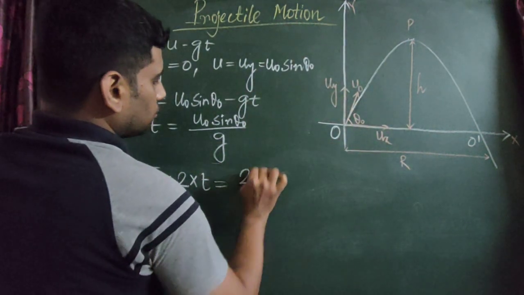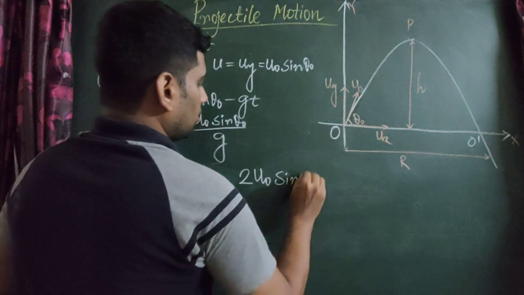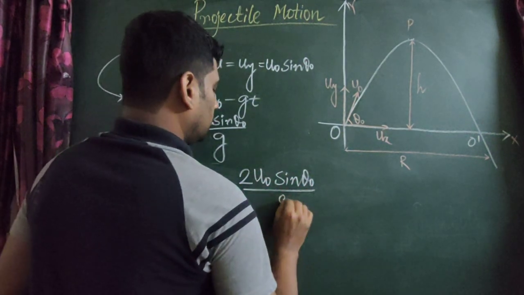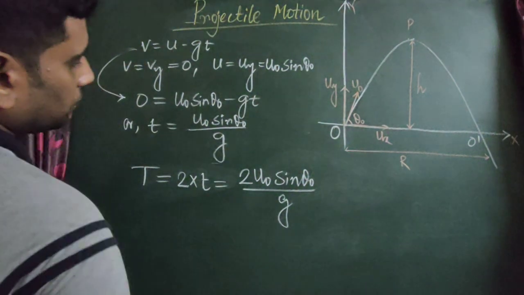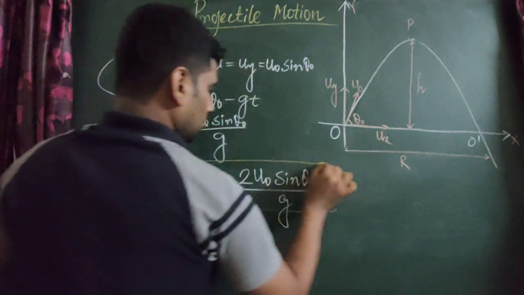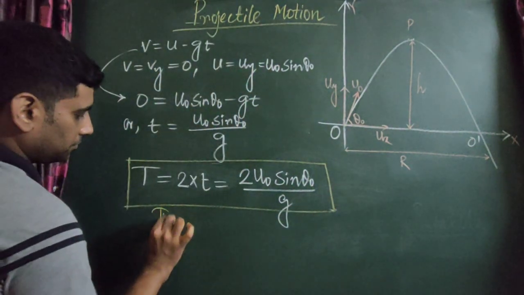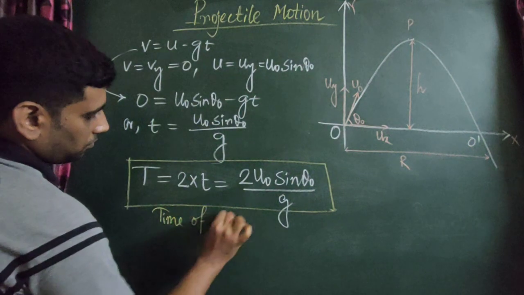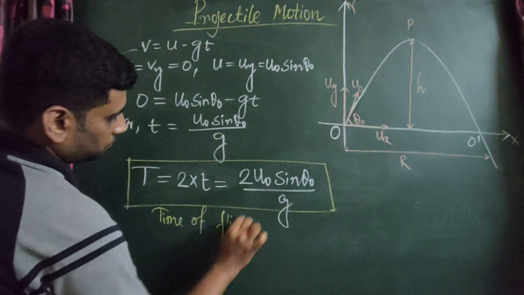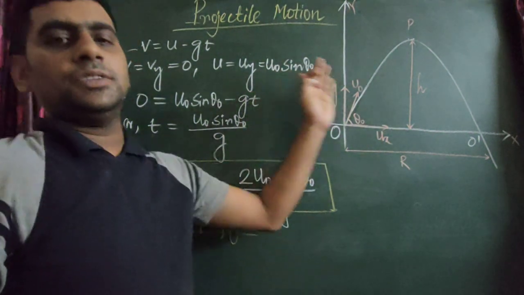So it comes as 2 u0 sine theta 0 by g. This is the expression for time of flight. I hope this is clear to you.